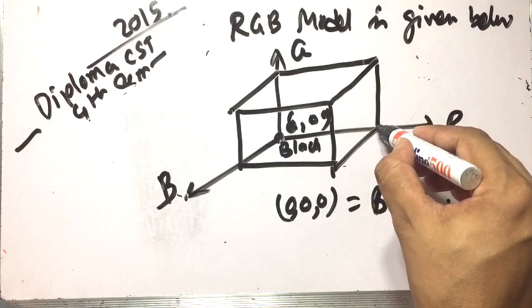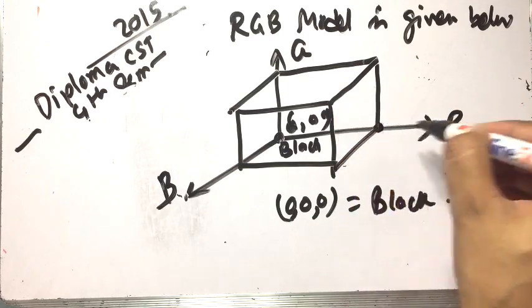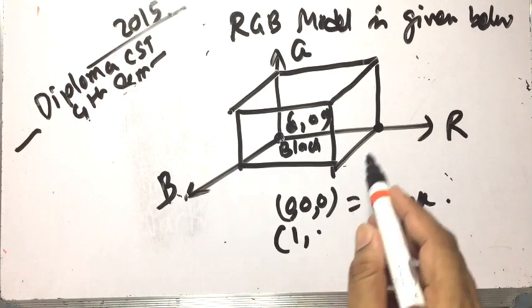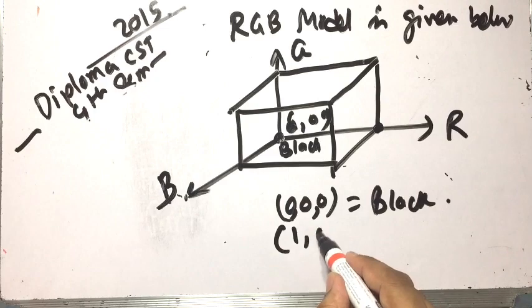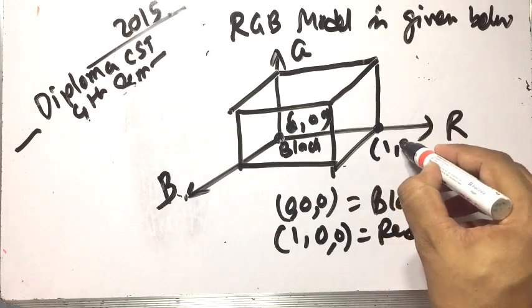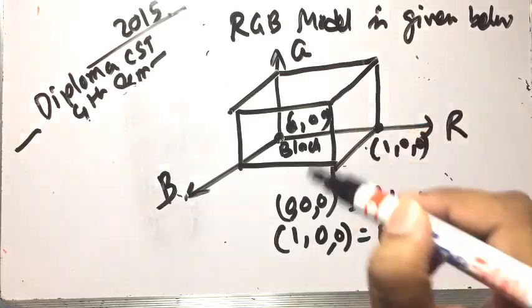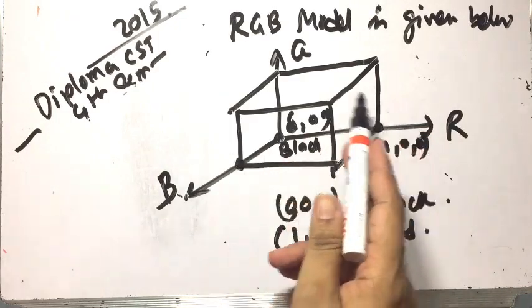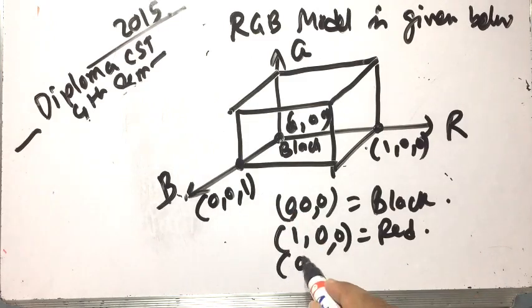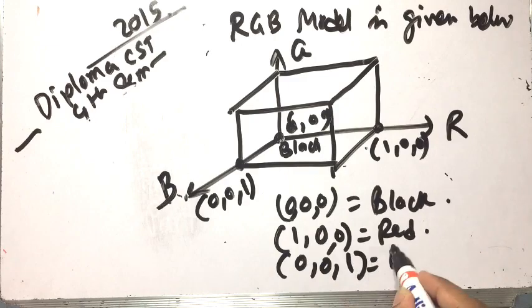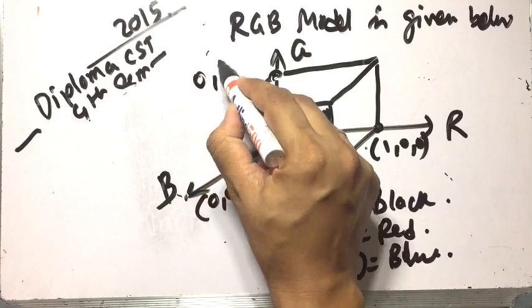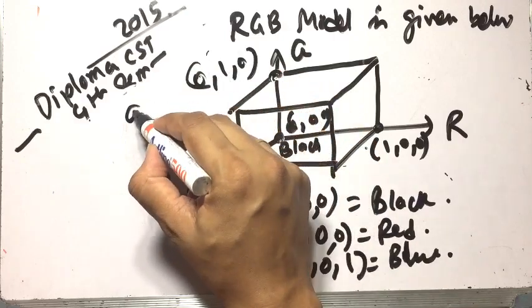Next, for red only the X axis is there, meaning 1, and no Y axis, no Z axis. So 1, 0, 0 is equal to red. Then 0, 0, 1 is equal to blue, and 0, 1, 0 is equal to green.